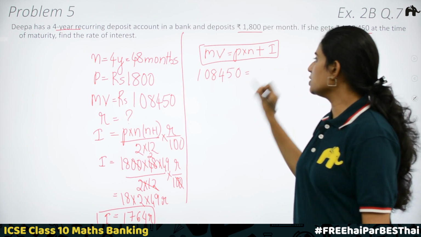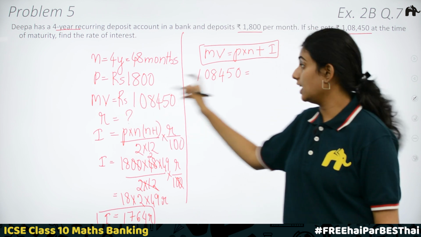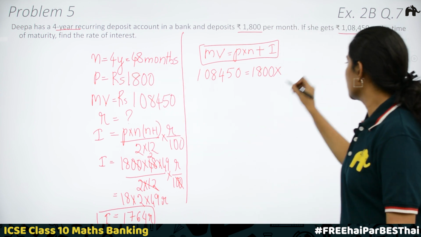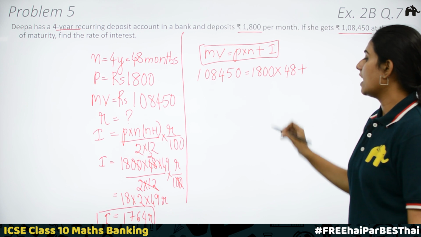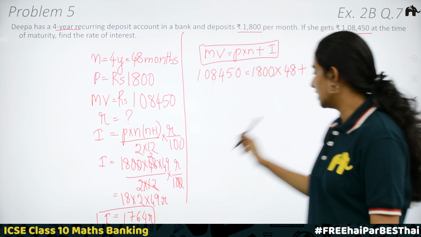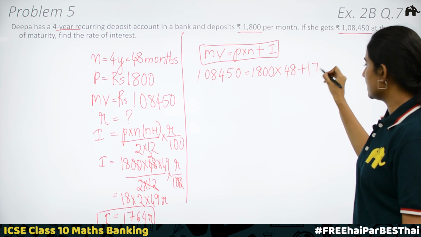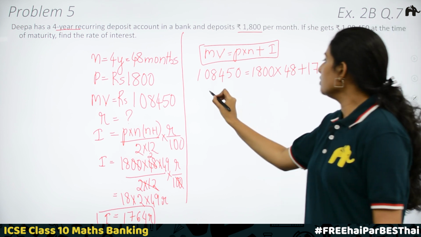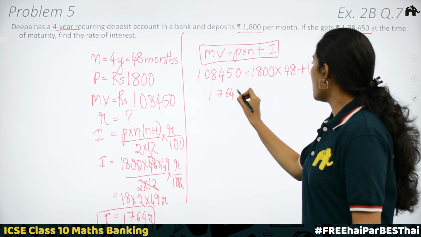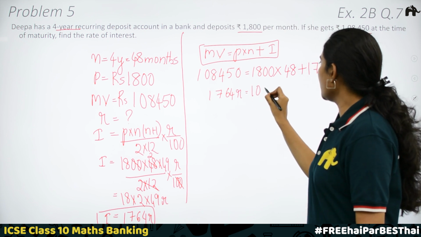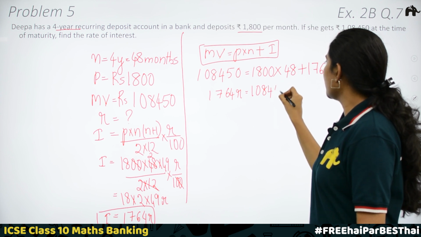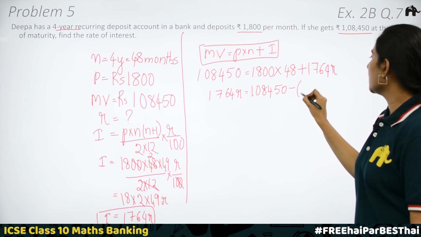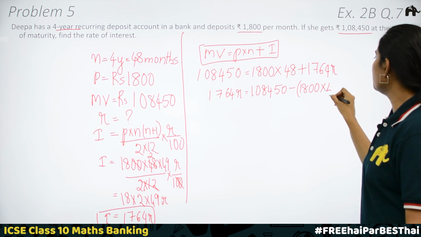P into N. We know P is equal to 1800 into N is equal to 48, plus I in terms of R, that is 1764 R. 1764 R is equal to 1,08,450 minus 1800 into 48.